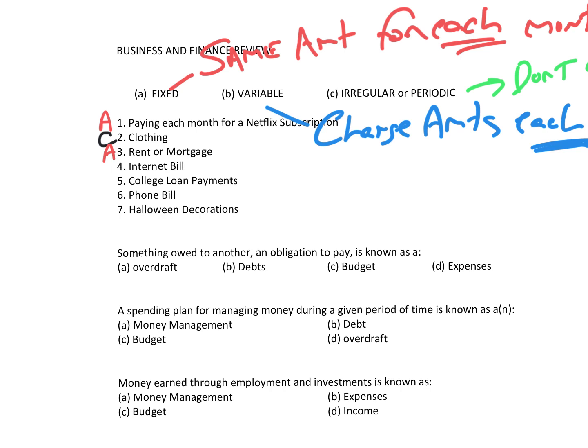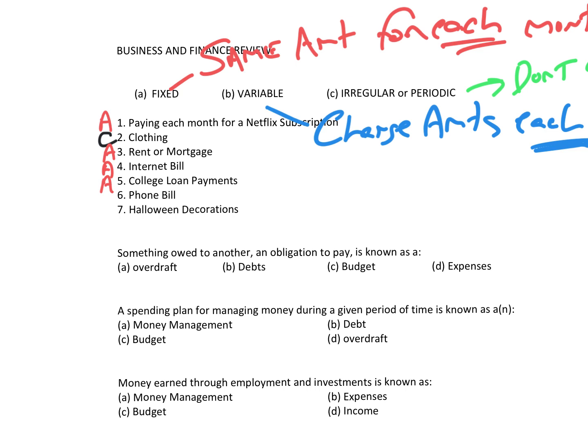Your internet bill, well, if you're on a payment plan, like you're paying, let's say, $79.99 every single month, then that's an example of a fixed expense. Although there are plans that you pay for the amount of usage that you take on, most internet bills are fixed expenses. Just like college loan payments.